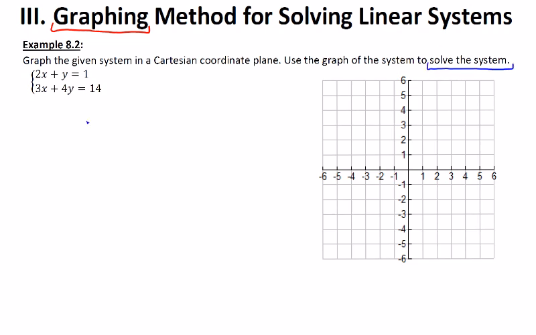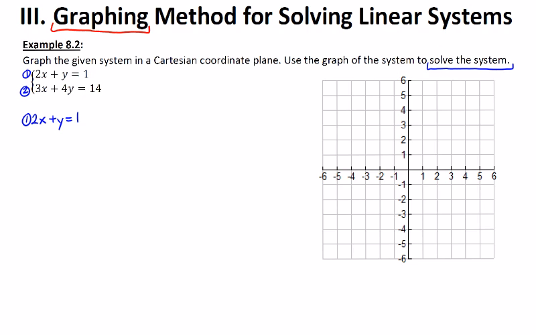Let me go ahead and label the equations in my system, equation 1, equation 2. I want to work specifically with equation 1 for a moment. Equation 1, 2x plus y is equal to 1, appears that it's going to be a linear equation, and it should be because that's what we're dealing with here with our systems, but let's verify.